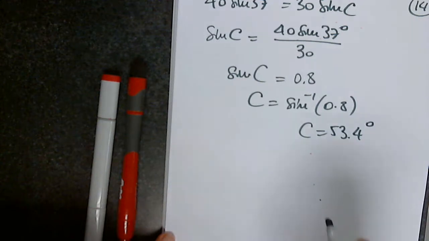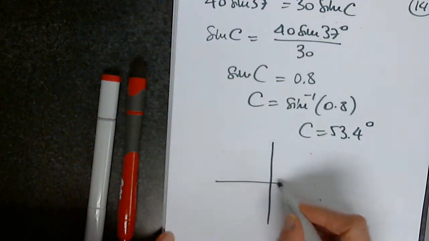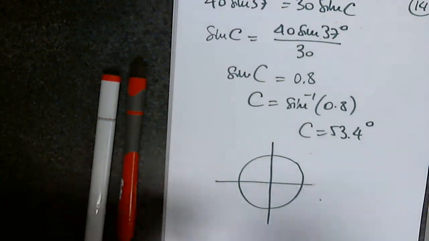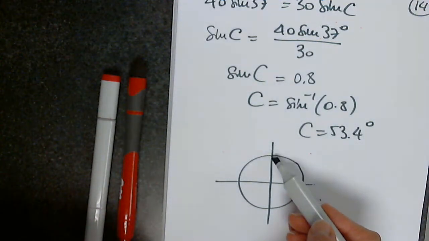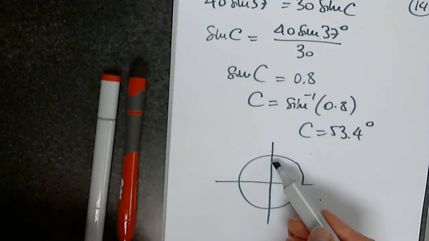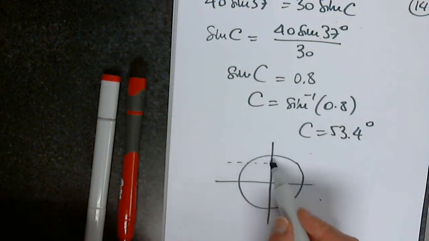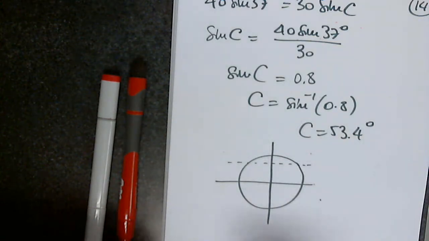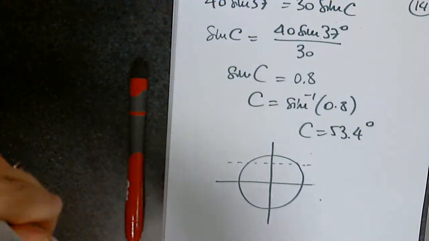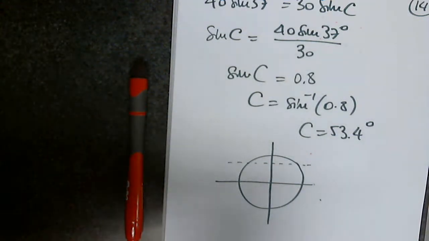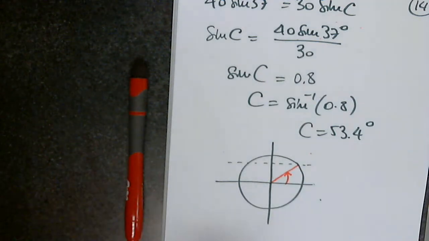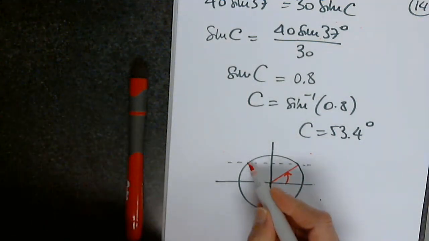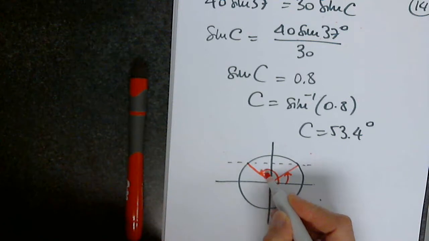Not good enough, though. Let's go back to the unit circle. The height of 0.8, if this is 1, would you say 0.8 is about here? I have to draw a horizontal line at 0.8, and I see that I get two angles. One ends in the first quadrant, and one ends in the second quadrant.